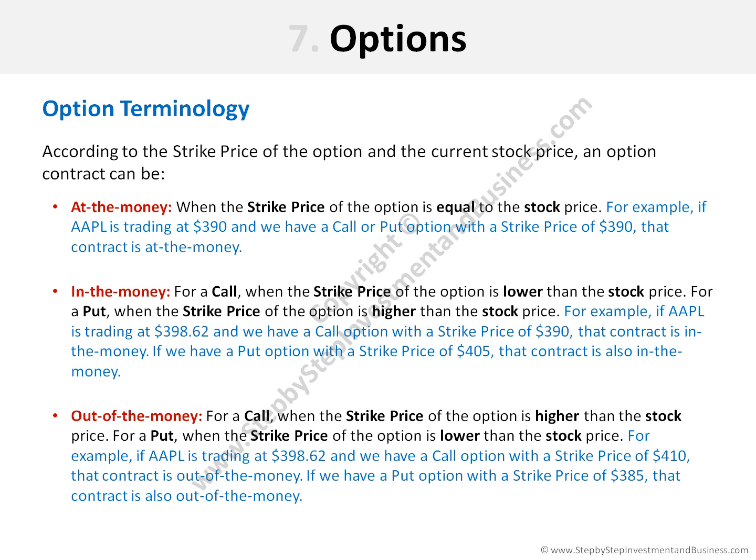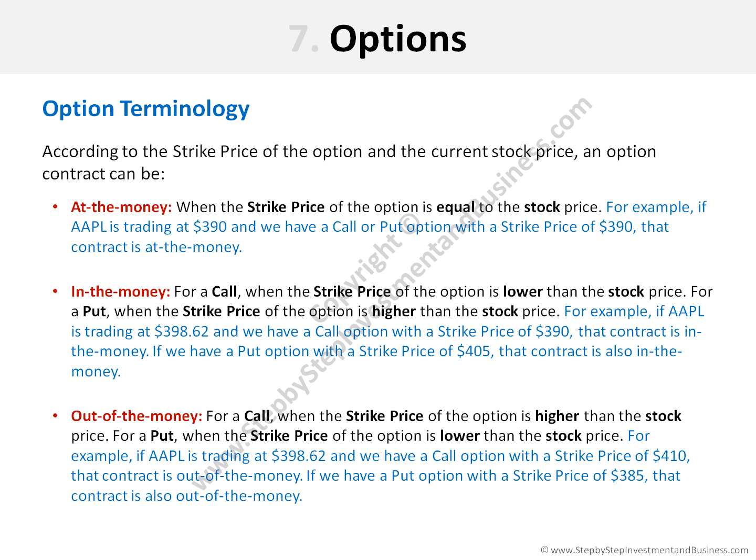For example, if Apple is trading at $398.62 and we have a call option with a strike price of $390, that contract is in the money because its strike price is lower than the stock price. In contrast, if we have a put option with a strike price of $405, that contract is also in the money because its strike price is higher than the stock price.